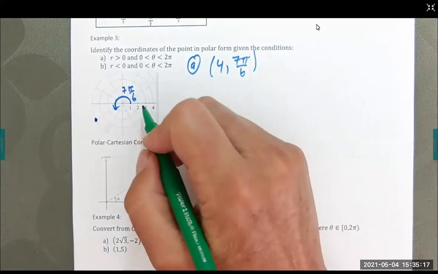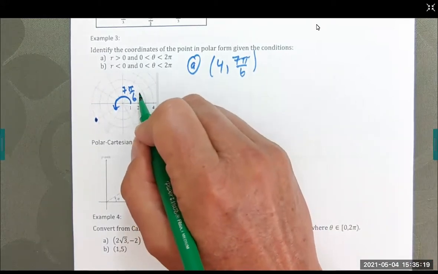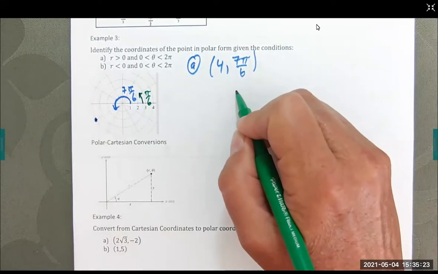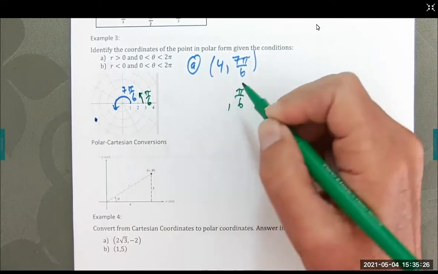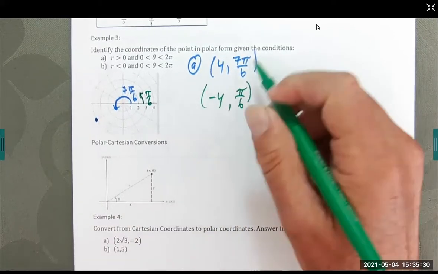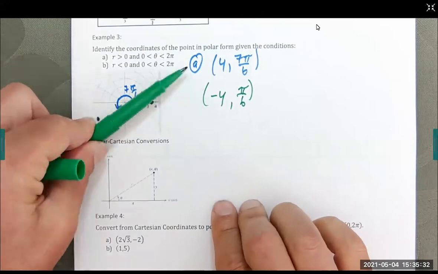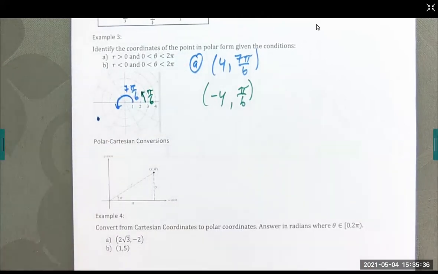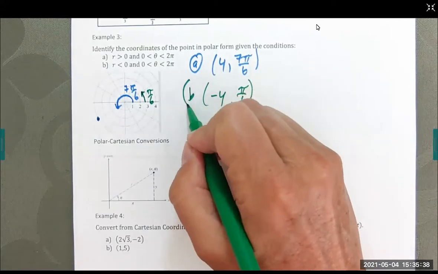I'm going to go to here, which is pi over 6. But now r is negative, so now I have to go negative 4 to get there. In other words, I'm turning here, and I'm going backwards 4 to get to the same point. This is part B.